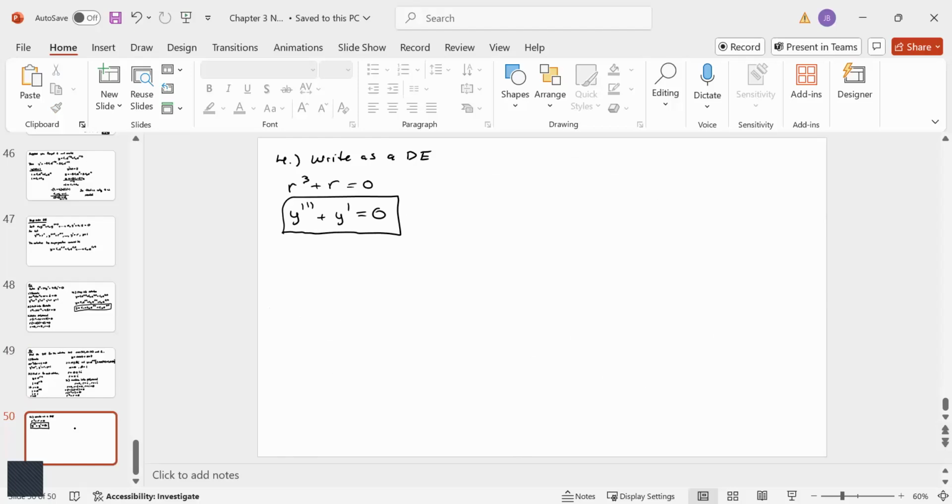Now, the one that's the most tricky is going to be repeated roots, because you kind of have to know a pattern. That's what we're going to talk about here.